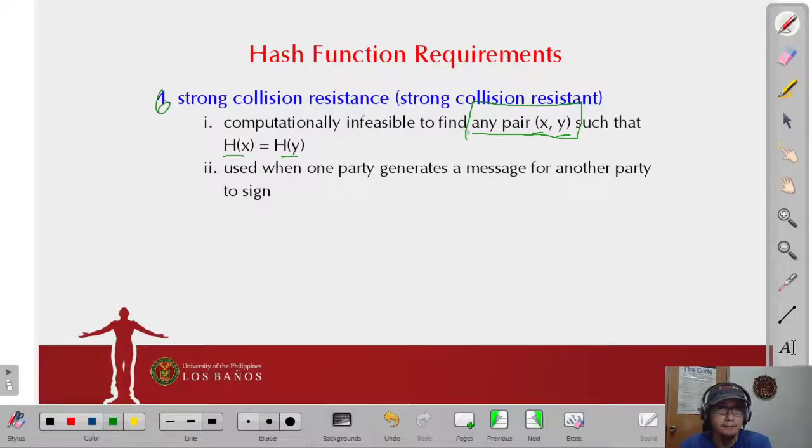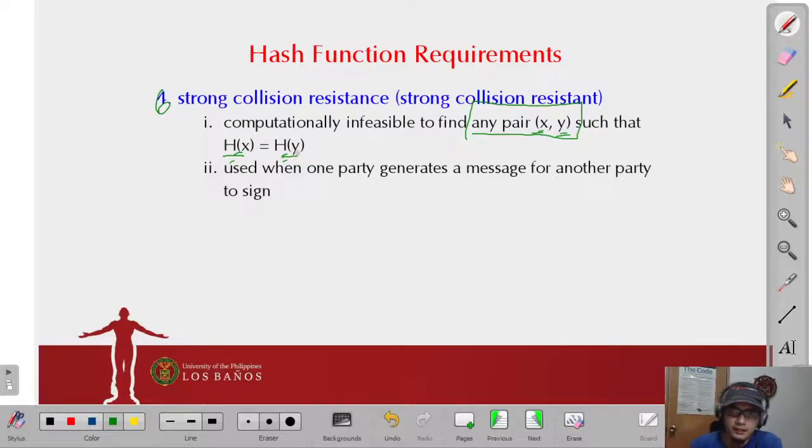Nowadays there are some studies, actually in MD5 for example, in the SEED labs we have the MD5 collision lab, wherein different sets of data, different x and y, generate the same hash code.